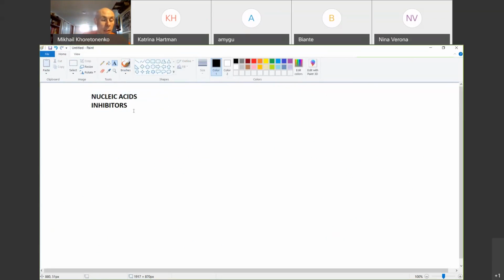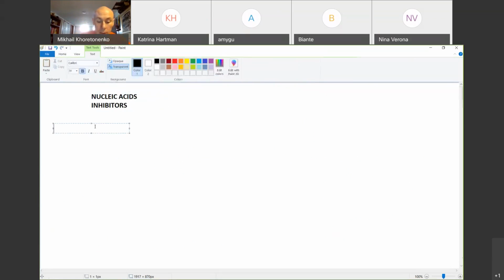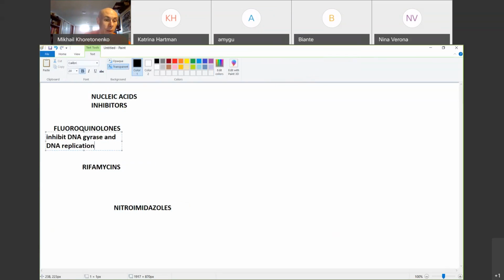Okay, let's start with nucleic acid inhibitors. So we've got fluoroquinolones, rifamycins, and nitroimidazoles. So fluoroquinolones inhibit DNA gyrase and DNA replication.